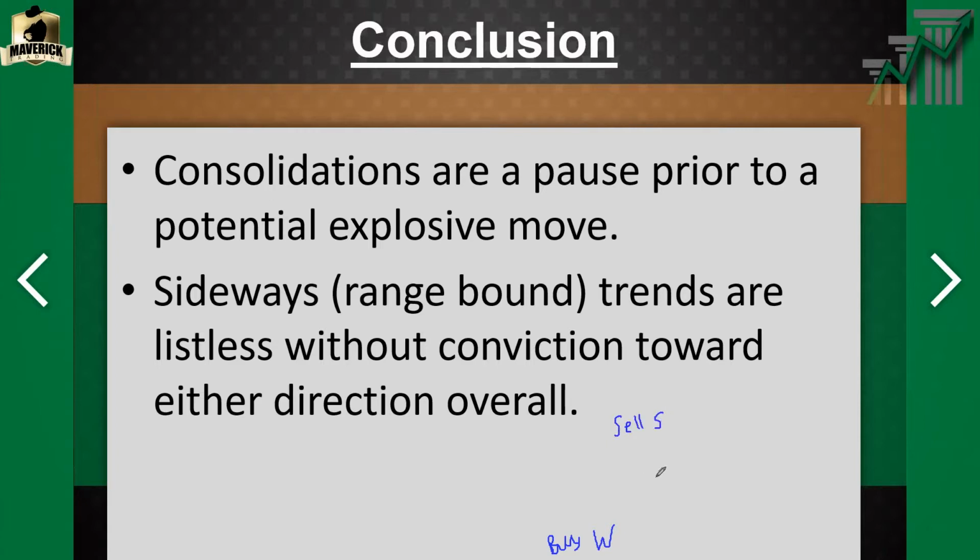Now, that can be very dangerous because if you get caught in a trend, this is why we have stop losses. The thing I caution against is don't buy weakness and then keep buying more weakness and keep doubling and tripling down. Don't do that. You'd have stop losses and so forth.